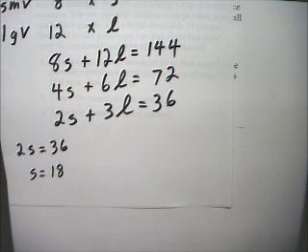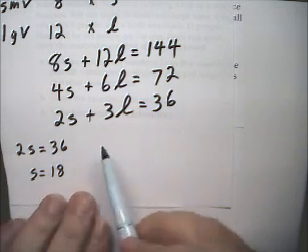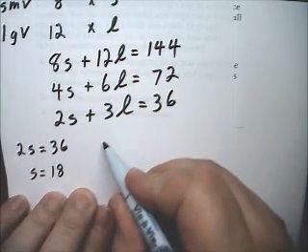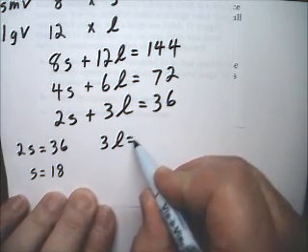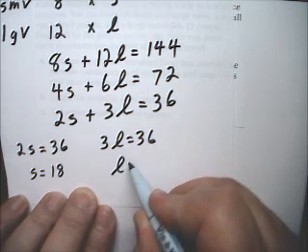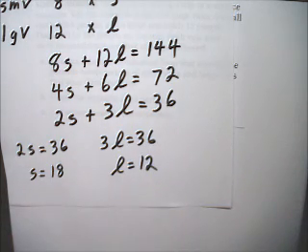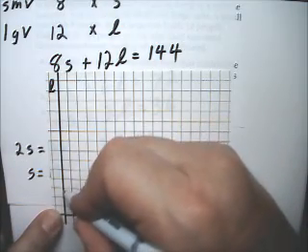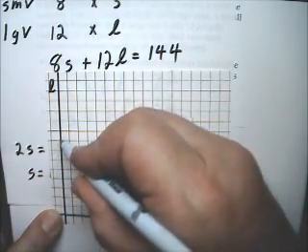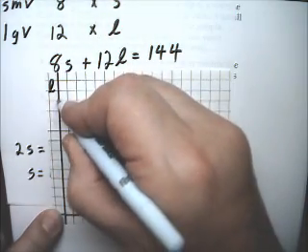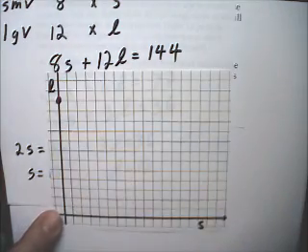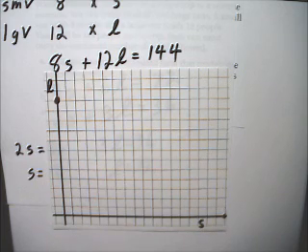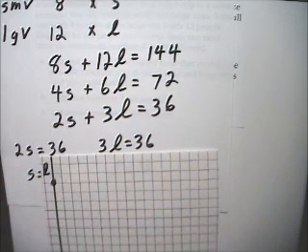So to figure out the L-intercept, we let S be 0, and that will be 3L equals 36, so L is equal to 12. That's my L-intercept. So the L-intercept is 12. There's the L-intercept. And now I'm ready to draw the line.